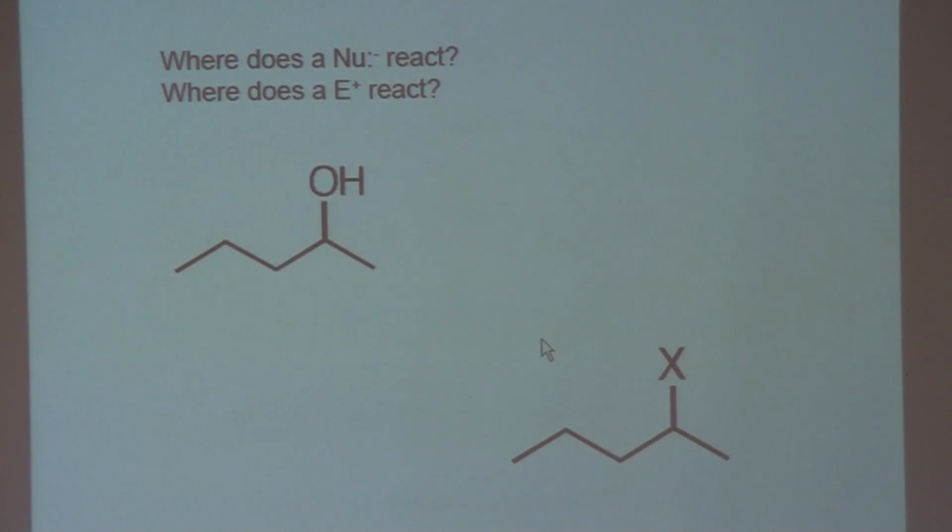So where does an electrophile react with the alkyl halide? In other words, can an electrophile react with this compound here? Nope. Okay, let's keep on going.